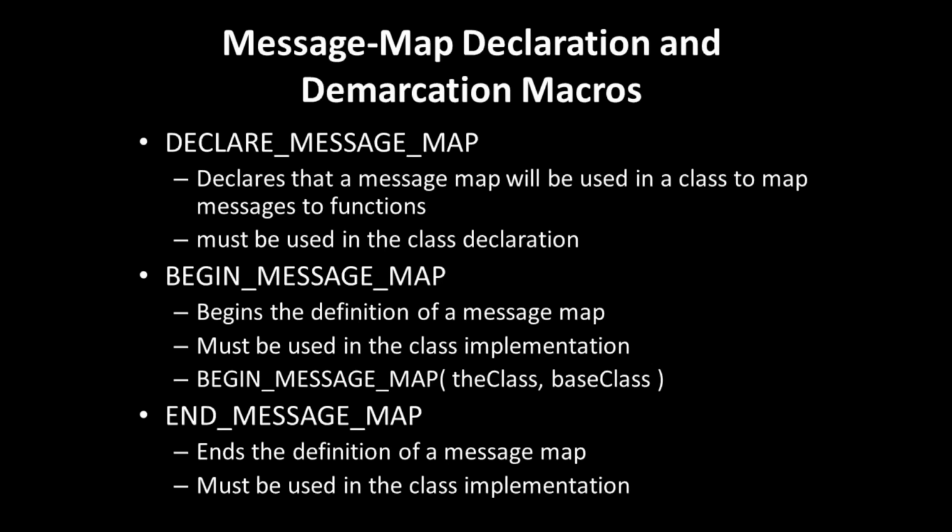And in our implementation file, there are two macros which will be used: one is BEGIN_MESSAGE_MAP and the next is END_MESSAGE_MAP. BEGIN_MESSAGE_MAP begins the definition of a message map and must be used in our implementation file, that means our CPP file.